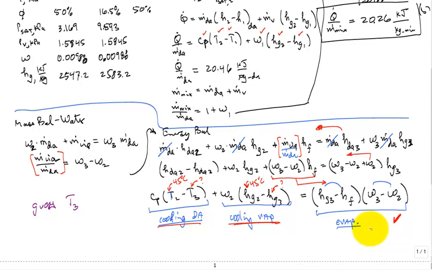If it's not, iterate, change T3. And so after you guess and iterate a few times, you come in with T3 has to be equal to 32.3 degrees C. That satisfies the energy balance equation.